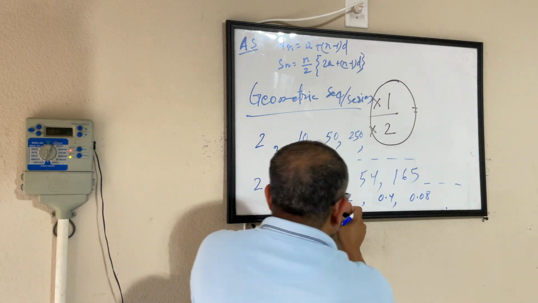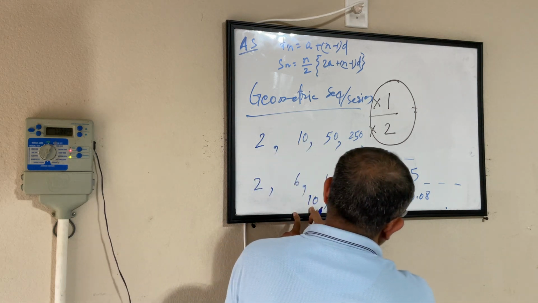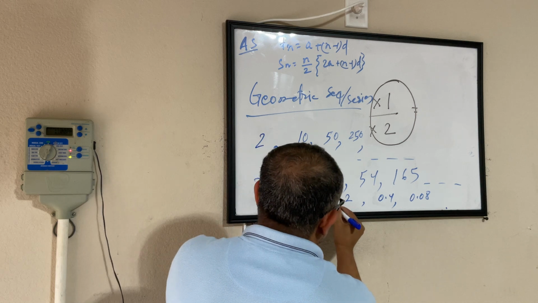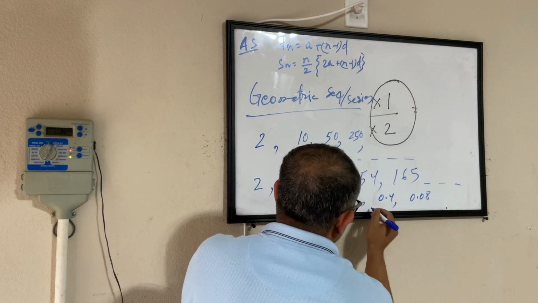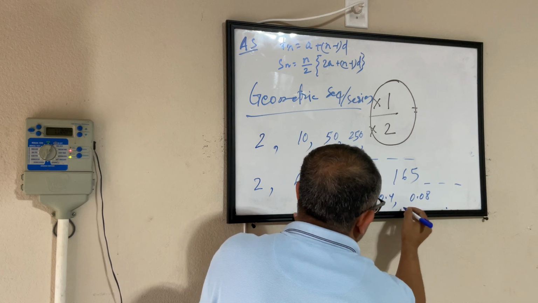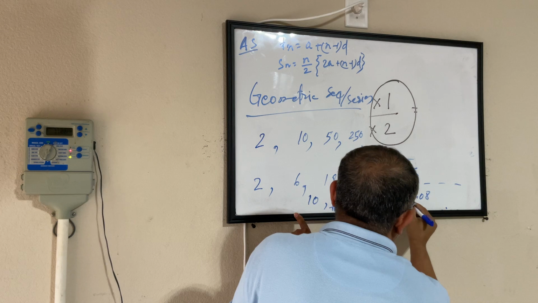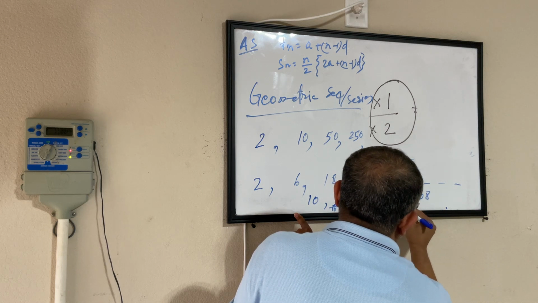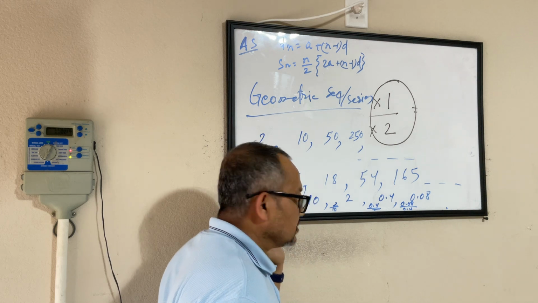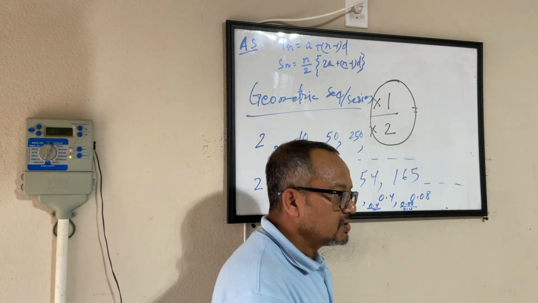Meaning when you divide this by this, 2 by 10 is 0.2, 0.4 by 2 is 0.2, 0.08 by 0.4 is 0.2. So basically, all this ratio is coming to what?